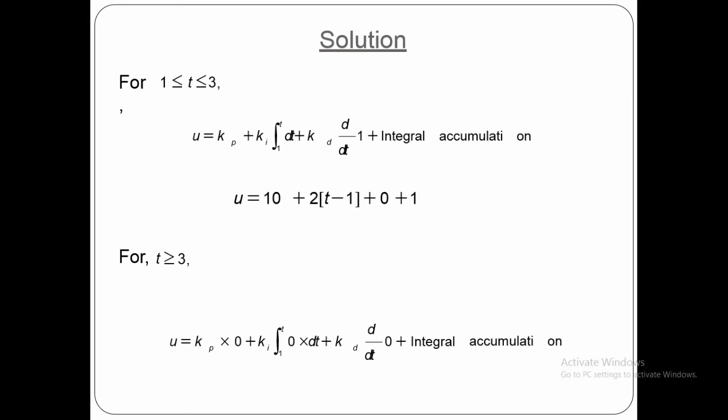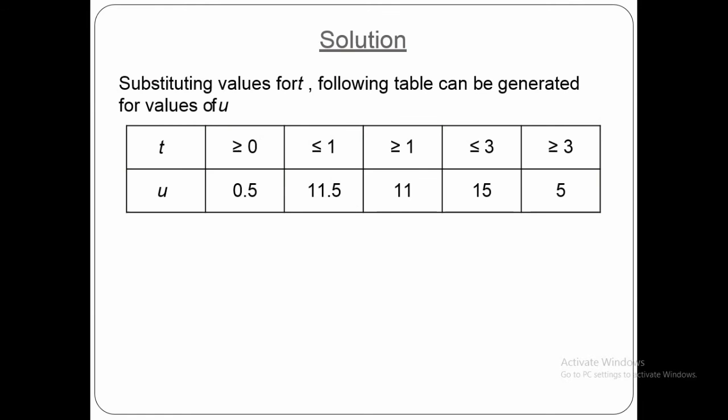So for the first condition, calculate u. Second condition: t greater than or equal to 3. So we can calculate u, and the stability values for t, following the table, can be generated for the value of u.